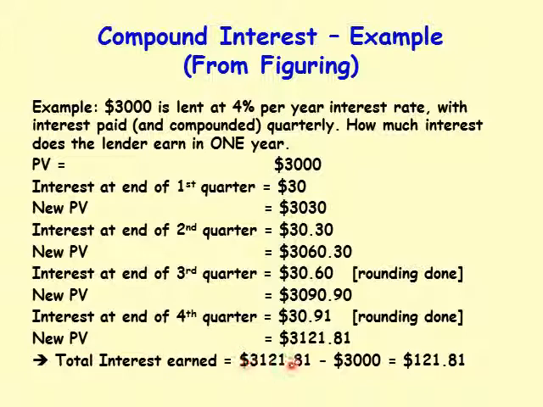Total interest earned: this is the money that was lent, and this is the money that was paid out to pay off the loan. So $3,121.81 minus $3,000 is $121.81. If you add the interest amounts together, $30, $30.30, $30.60, and $30.91, that should also come up to $121.81.